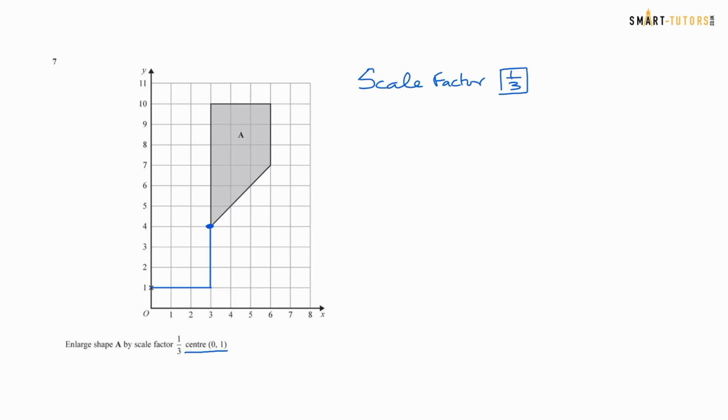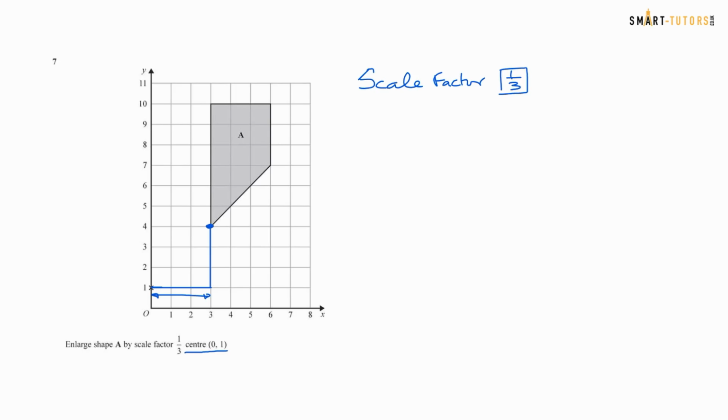This is my point. I want to find out how this point is going to be subjected to the enlargement. All you want to do is divide the distance you traveled by 3. You traveled an x distance from here to here of 3 units, 3 squares. So 3 divided by 3, why am I dividing by 3?